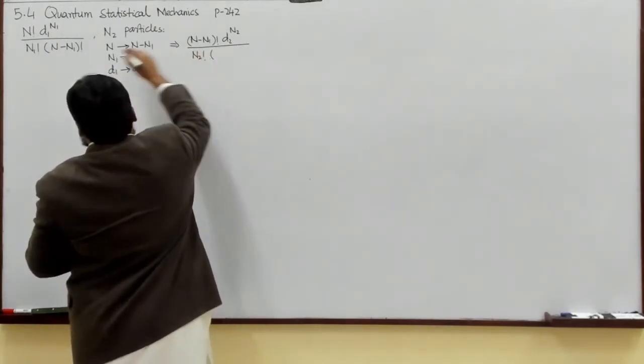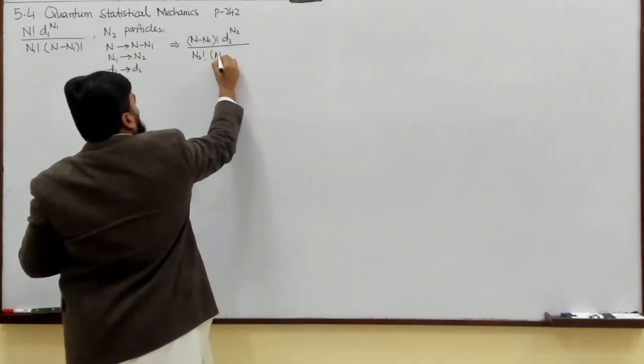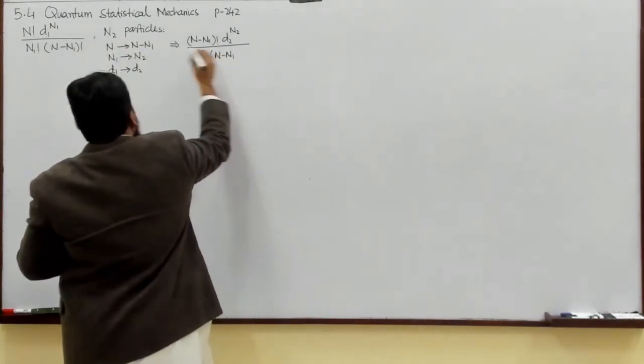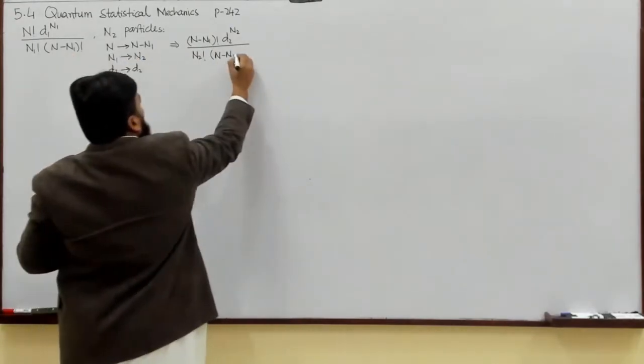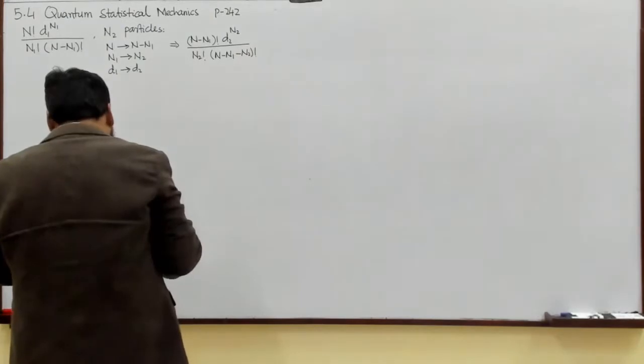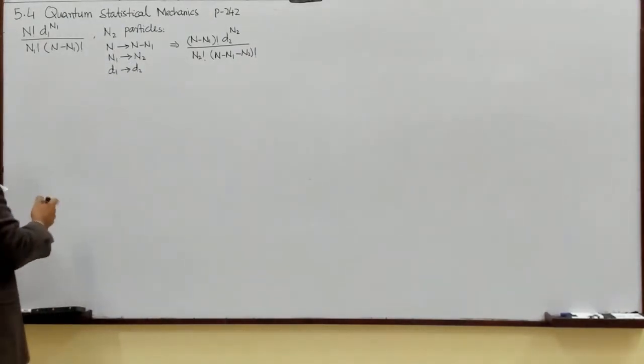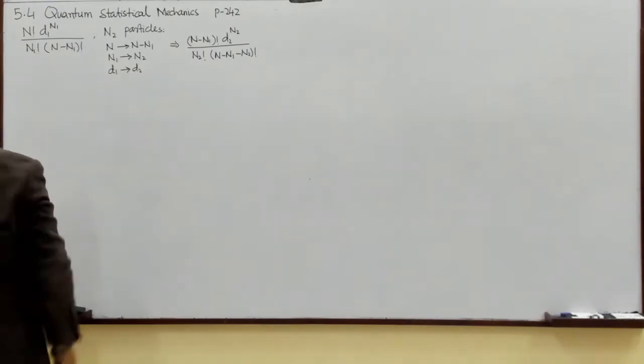So for n I will write n minus n1, n minus n1 minus n1, so it will become minus n2 and this.